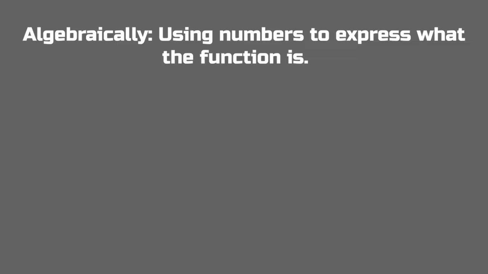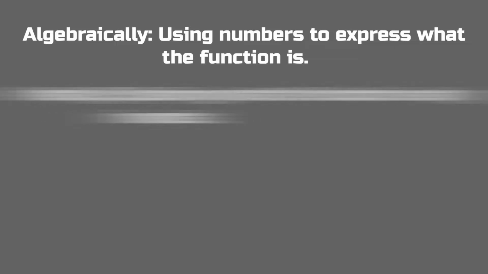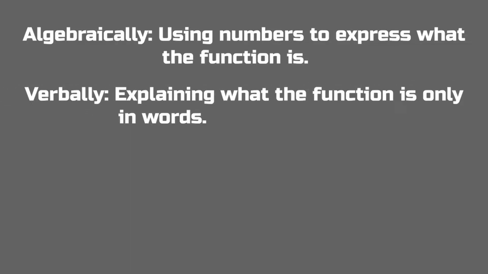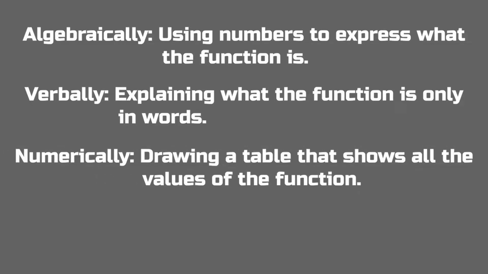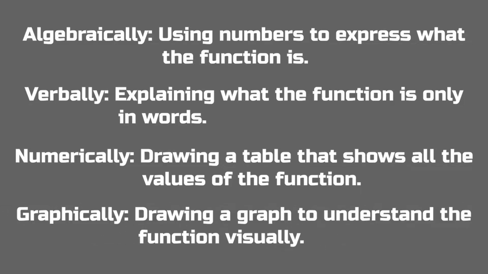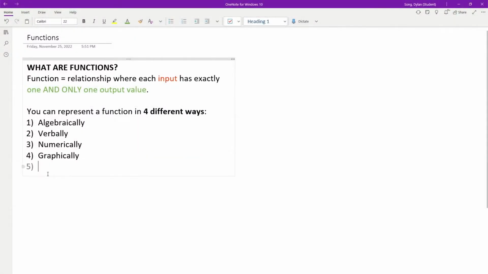Algebraically means using numbers to express what the function is, and verbally means to explain what the function is only in words. Numerically means you draw a table that shows the values of the function, and graphically means you draw a graph that represents the function. Graphically is a visual way of looking at the function.